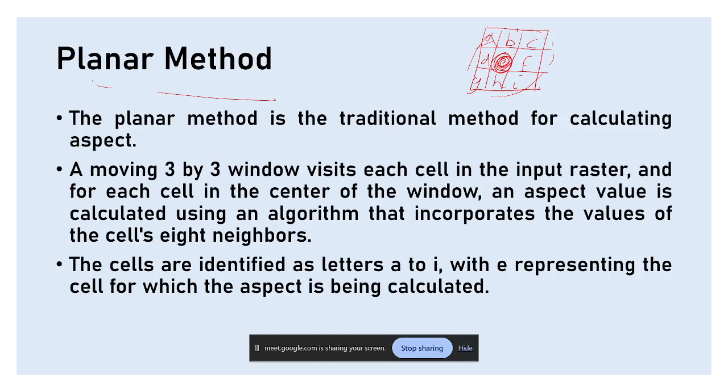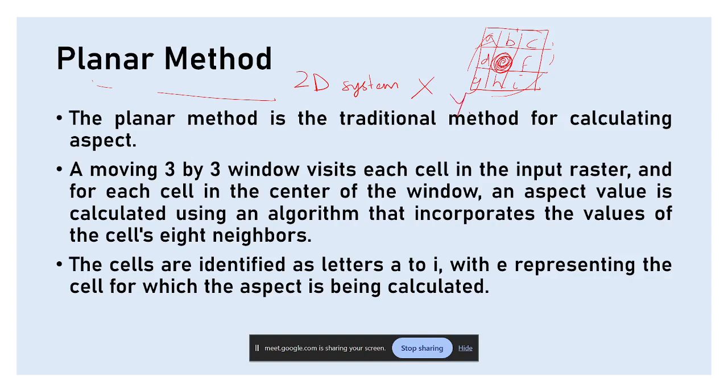An aspect is calculated by identifying the rate of change in both the x direction and the y direction in case of the planar method, because this is done in a two-dimensional system, right? So we will be considering the change along the x direction and the change along the y direction.